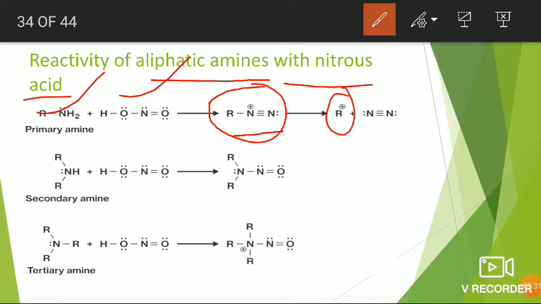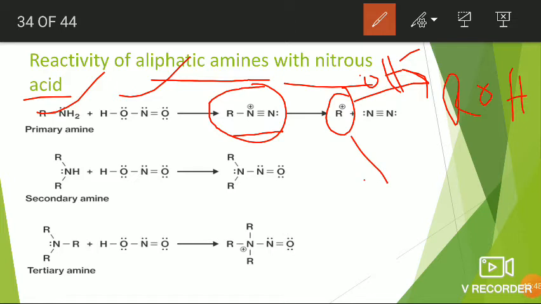This carbonium ion undergoes reaction with different nucleophiles present in the reaction mixture. In this specific reaction, it generally produces an alcohol on reaction with OH minus, or it may form an alkyl halide on reaction with chloride which comes from the acid, or it may react with different nucleophiles to form different products.